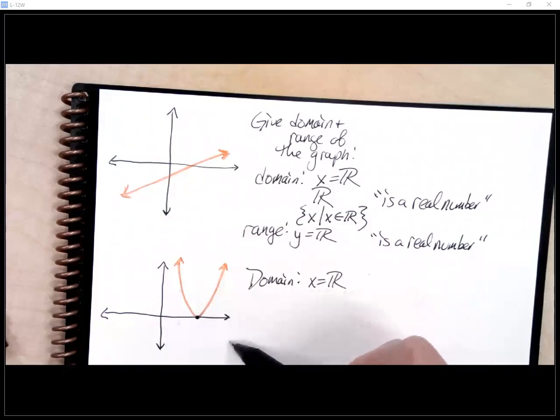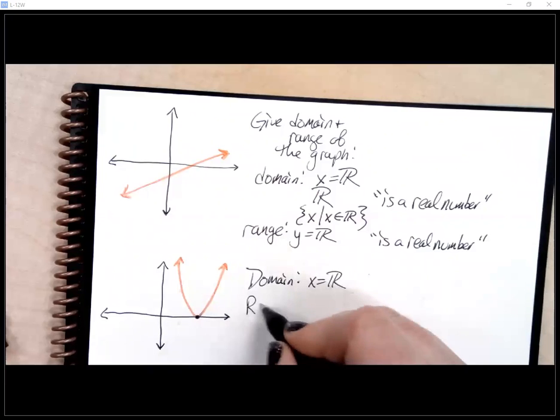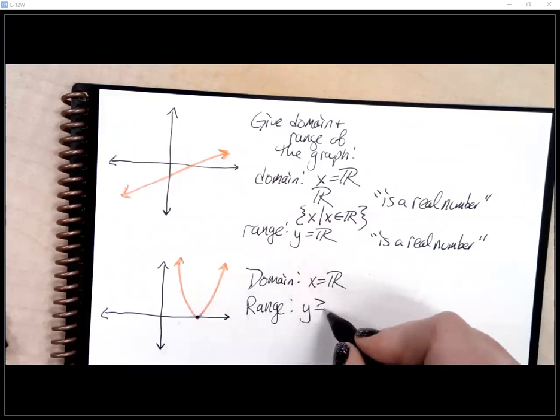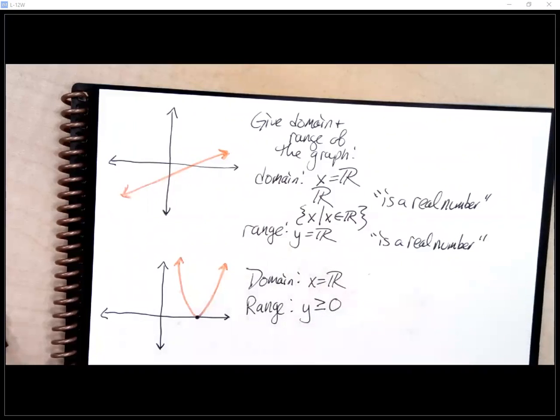So I have to look at the lowest spot in my whole parabola, which in this case just so happens to be a y value of 0, right? So isn't the range going to be 0 and everything greater than it? Those are the y values I'm getting out here. So my range is not all reals, friends. The range is going to be anything greater than or equal to 0 for this particular graph, because my lowest point had a y value of 0.